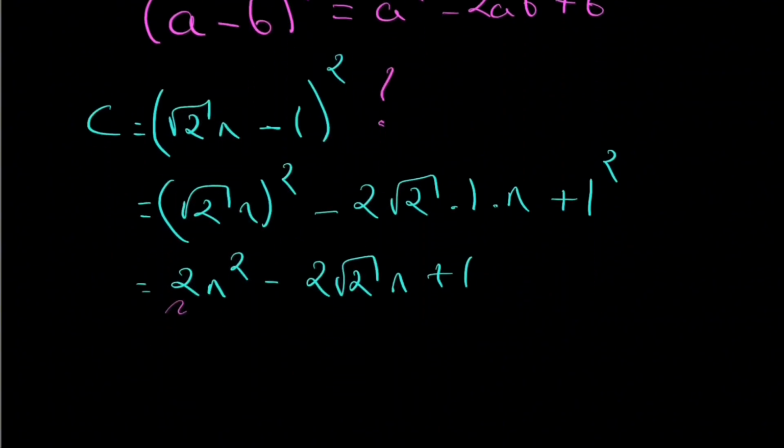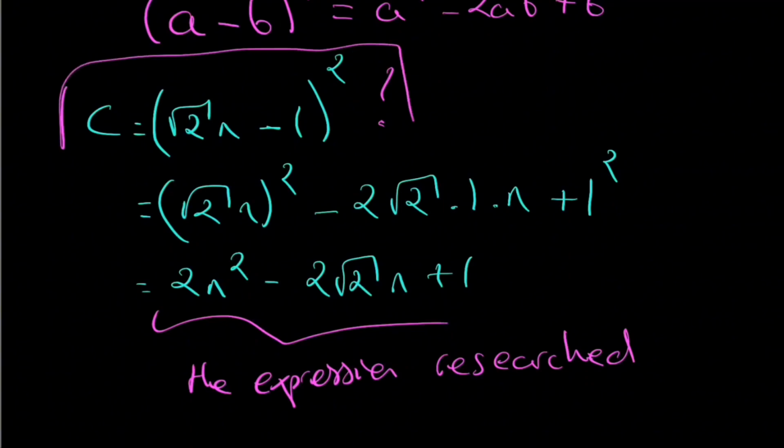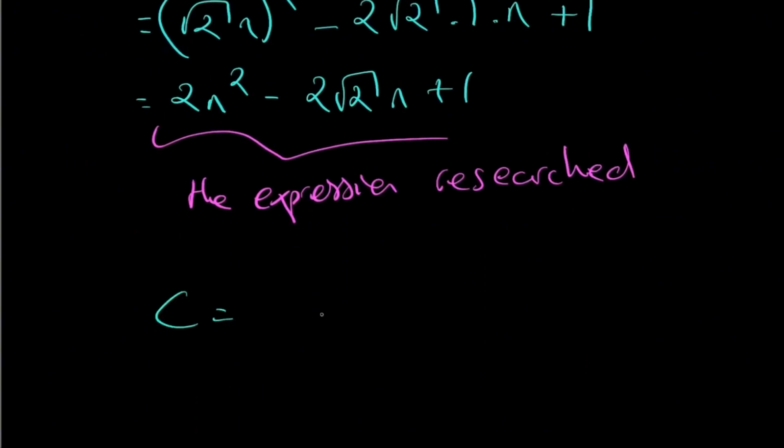And so in conclusion, we have c is equal to (square root of 2n minus 1) squared.